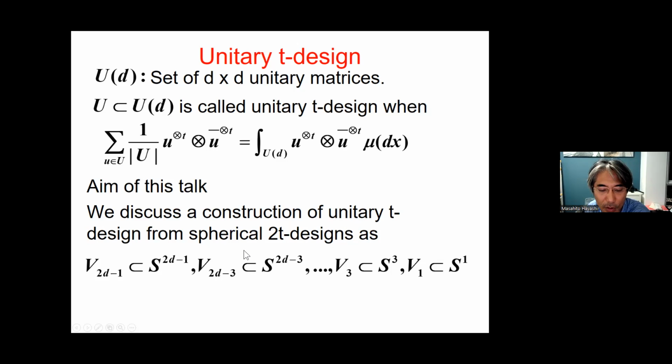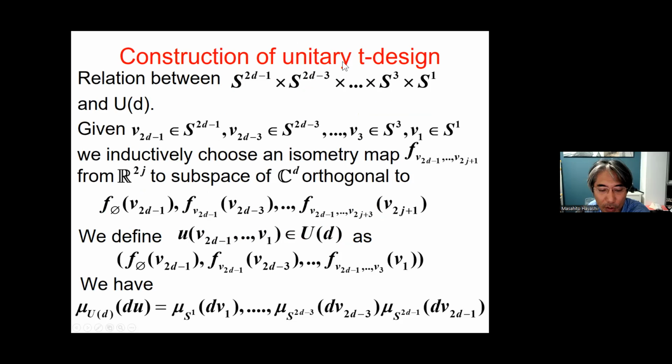So from this sequence of 2T designs, we want to construct a good unitary design, but this is not so easy. So now we want to consider that problem. This is somehow a complicated problem. So firstly, we need to make some connection. This is related to the problem of, how to say, the Grassmann manifold.